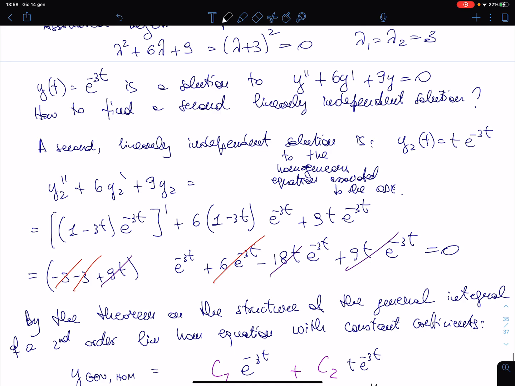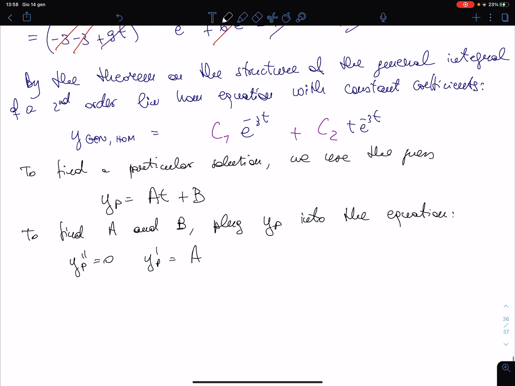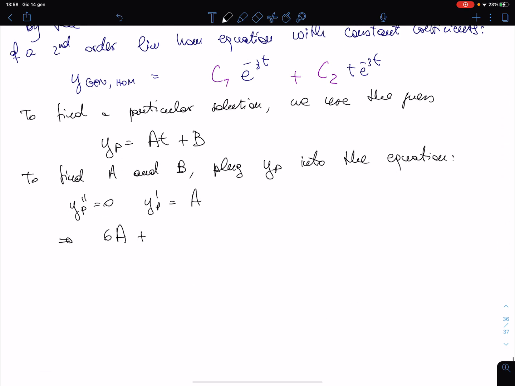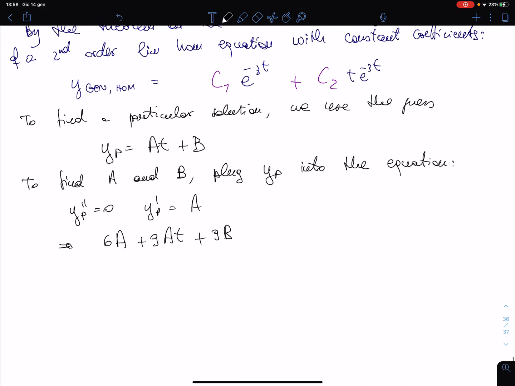And we get yp'' = 0, yp' = a. And so we get 6a + 9at + 9b = 2t.